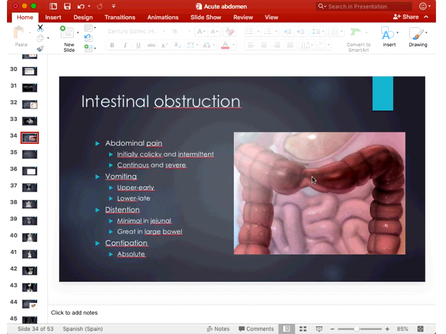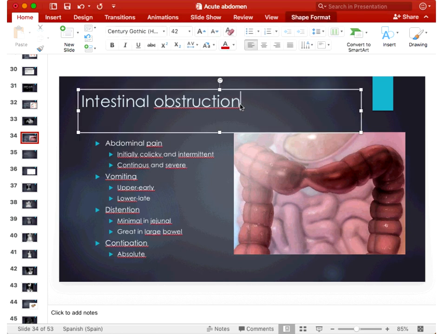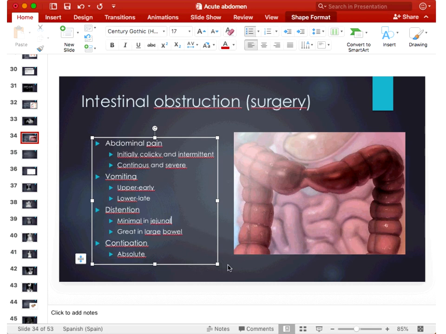Intestinal obstruction is another pathology that can cause acute abdomen, and it is quite common. You're going to suspect this from the background of having had surgery before, because a patient that has been operated on abdominally forms adhesions, and adhesions tend to make the intestine get kinked and obstructed.